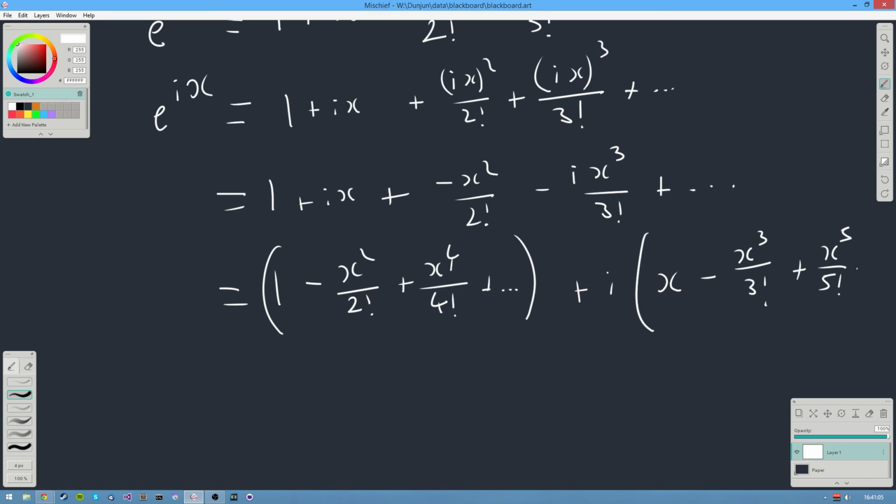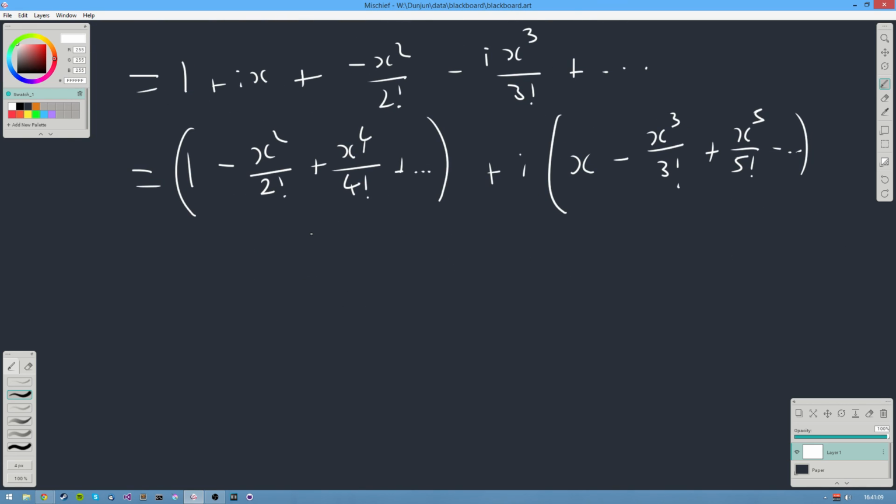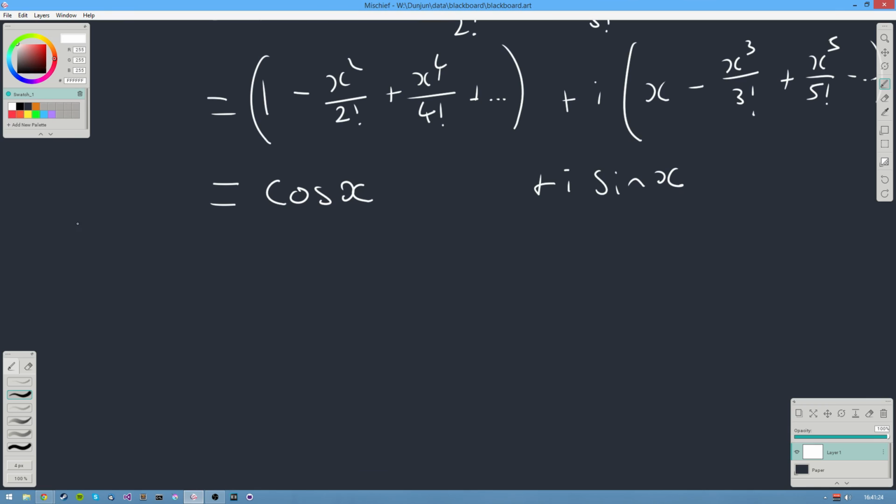So that's what the series expands out to. And this is actually the Taylor or Maclaurin expansion of cosine x, and that is the expansion of sine x. And what we've done is we've proven Euler's formula where e to the i theta equals cosine theta plus i sine theta. Like so.